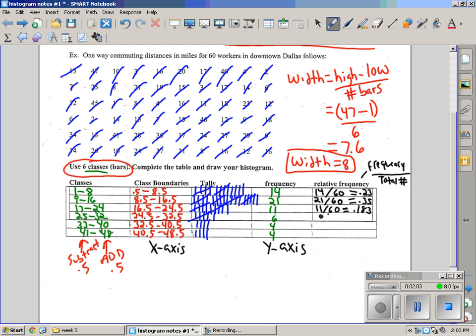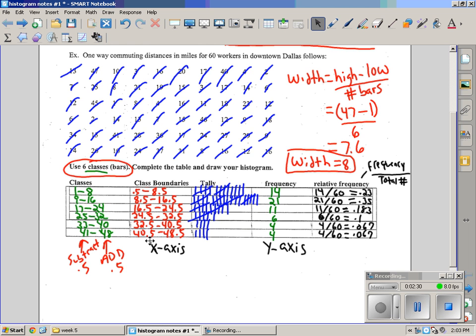And then 4 divided by 60, okay, so 0.067. You're going to have to fill it in your chart, but you're never going to graph it. We're not going to graph it in this class.